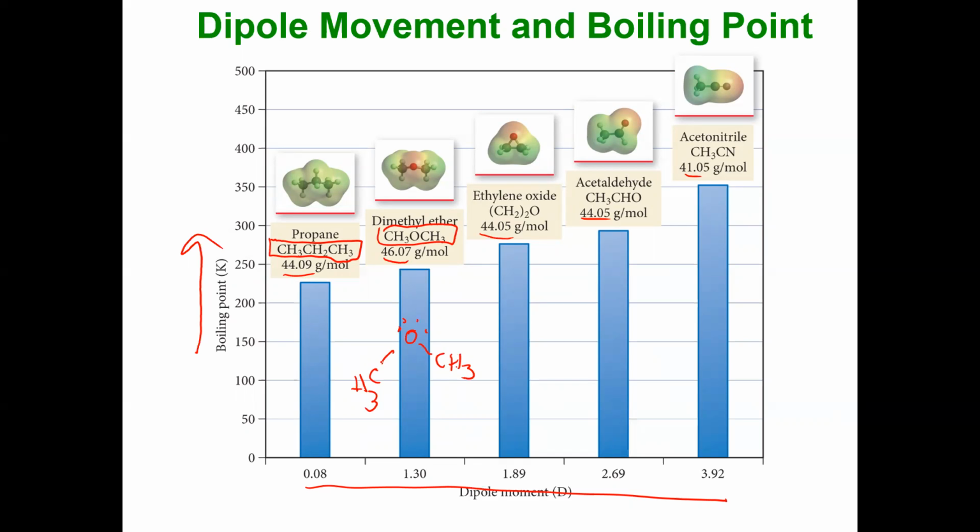So because dimethyl ether is polar, its predominant intermolecular force is dipole-dipole, which is stronger than just the London dispersion forces that we see in propane. Because again, propane is all non-polar bonds, right? Just carbons with a bunch of hydrogens. So this has a higher boiling point because it has a permanent dipole.